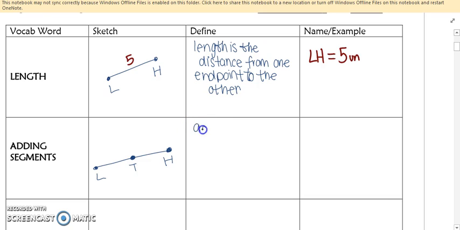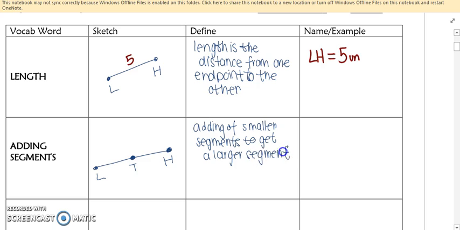So it's the adding of smaller segments to get a larger segment. And this is called the whole. When you add segments, you get the whole.